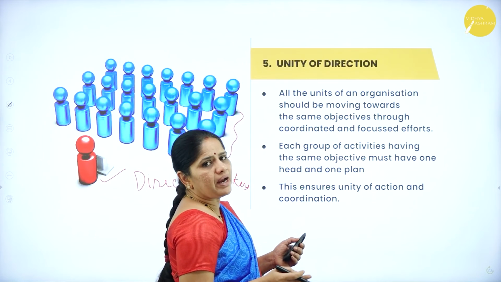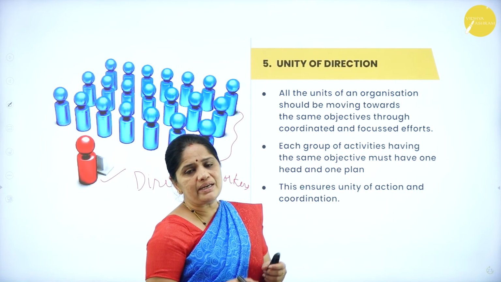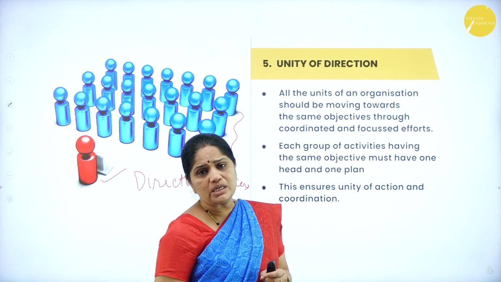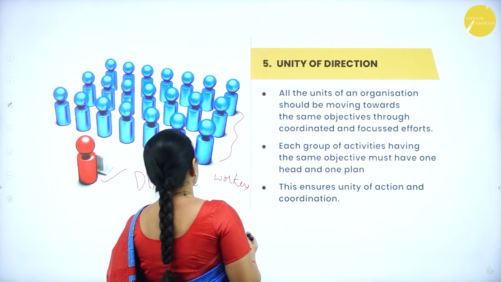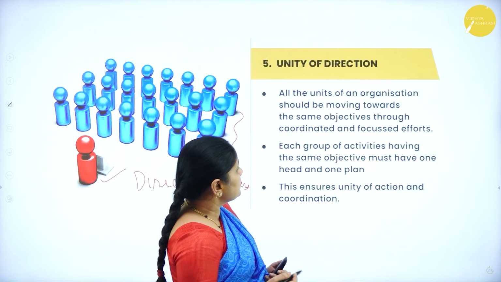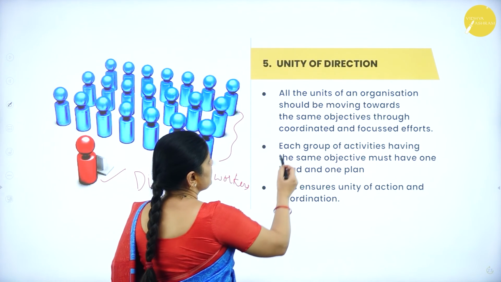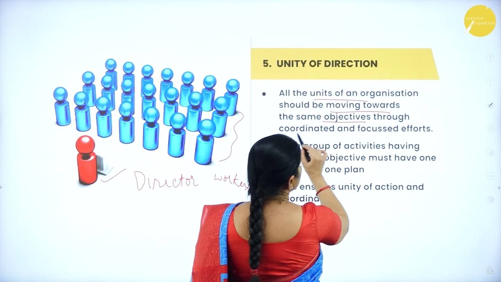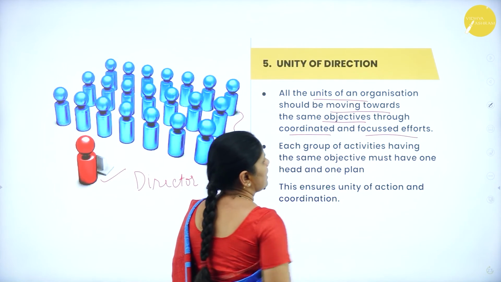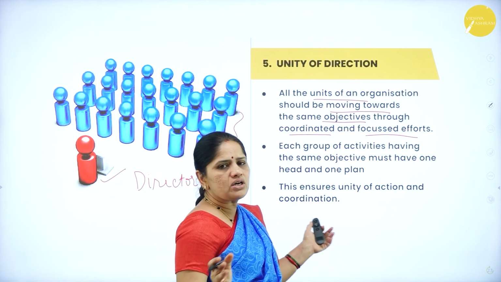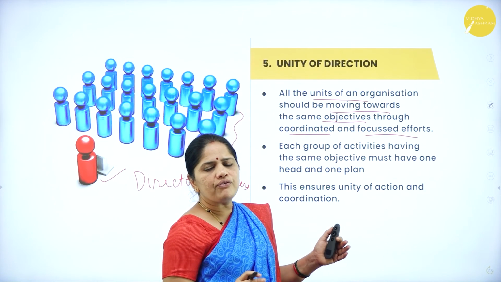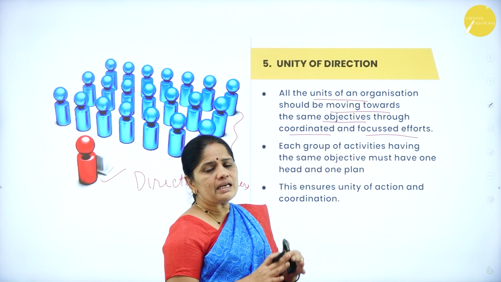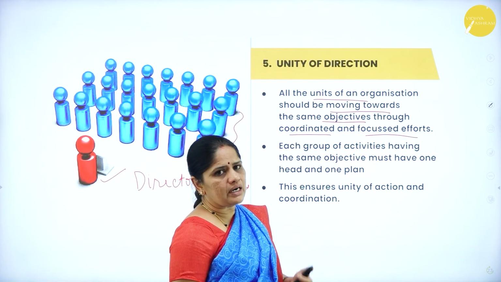In each department, the departmental head will be directing the activities of that department, and all the employees of that department will be working as per his directions. In this unity of direction, we see that all the units should be moving towards the same objectives, with coordinated and focused efforts. All the units of the organization will be focusing on achievement of the organizational goals, and each unit will have its own direction.